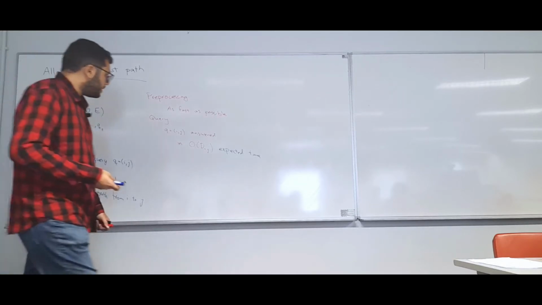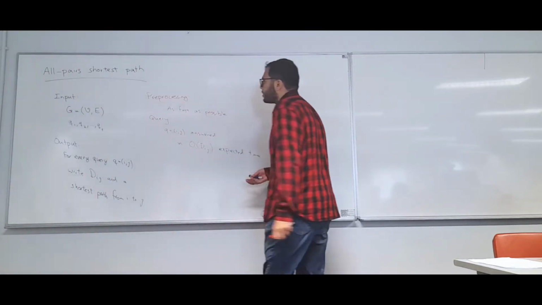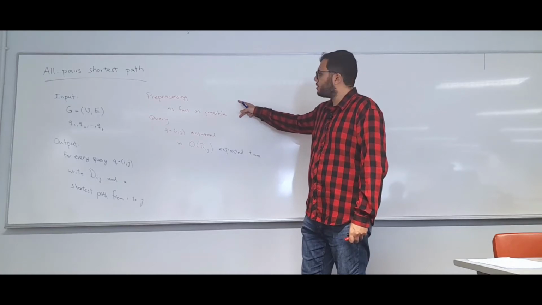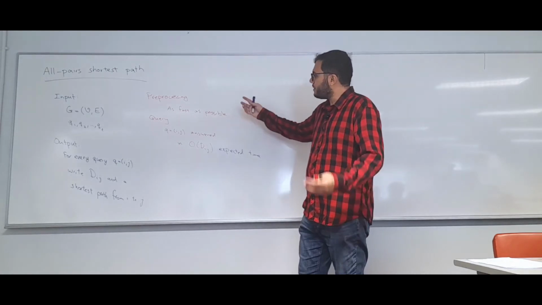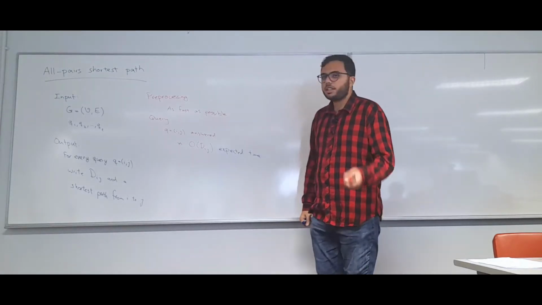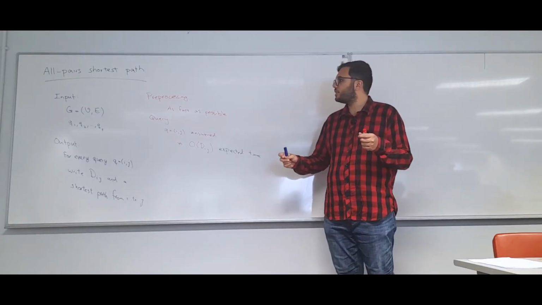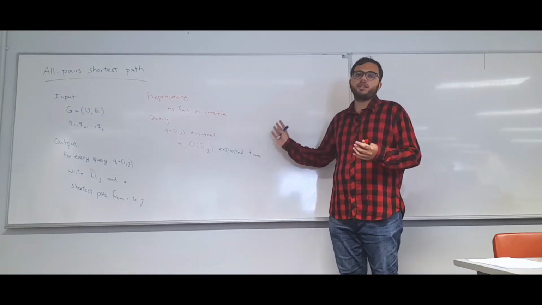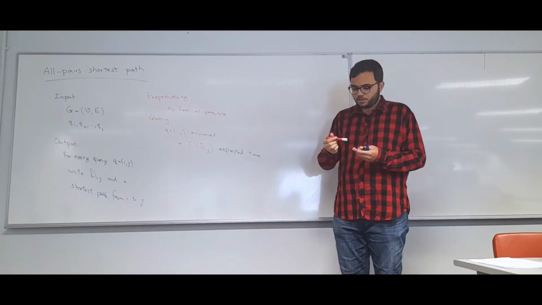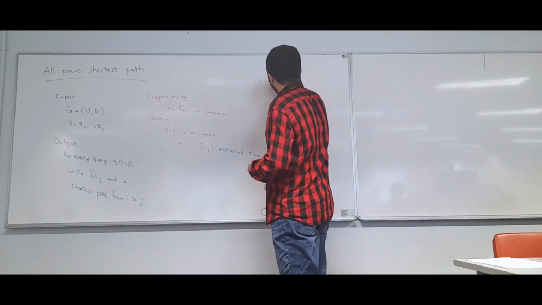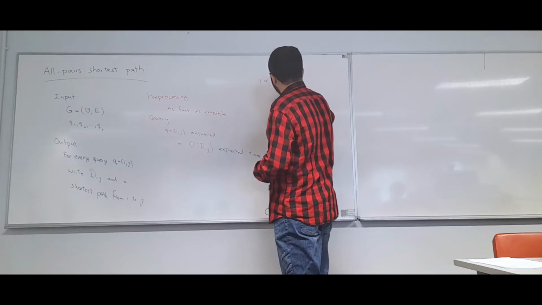You've probably seen in undergraduate algorithms courses that we can just pre-process everything, right? So a very simple idea would be that I take every one of my vertices and I just do a BFS from that vertex. And I can do a BFS because I don't have weights on my edges. So I take vertex 1, let's say, and I do a BFS from this vertex.